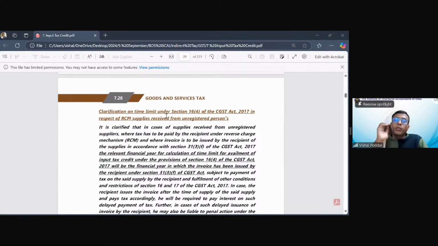In this case, we already studied above, and we will study in the chapter of documents also, that in such a case, I have to issue an invoice myself on myself. That is, the invoice will be issued by me on me, because the supplier cannot issue an invoice. So I have to make a self invoice. So the invoice is compulsory, but the invoice would be raised by myself. Now what is the interesting point?